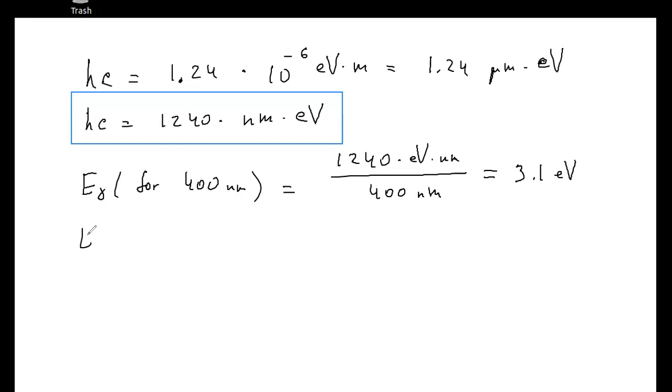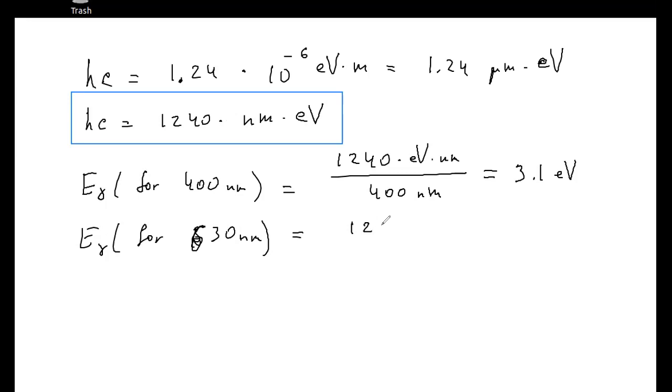What if you have something like red light? Let's say 630 nanometers. So this would be the wavelength which corresponds to red light. What is the energy of one single photon for red light? Can you do this yourself? You just plug in the wavelength, yeah?